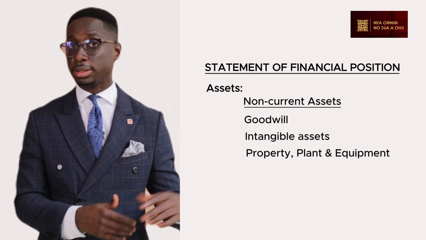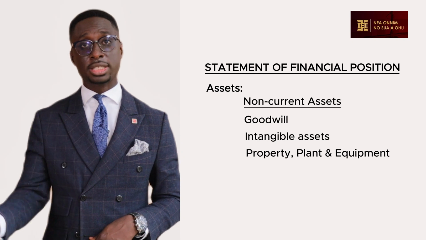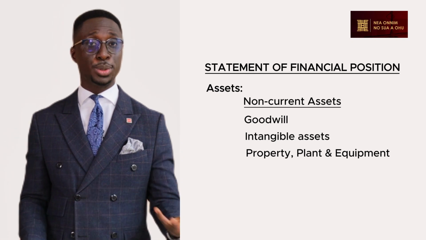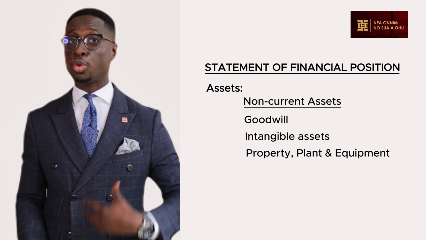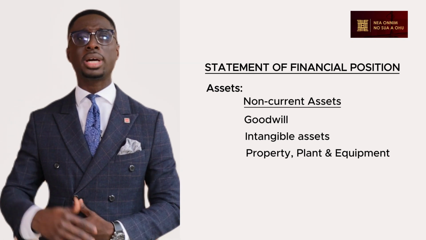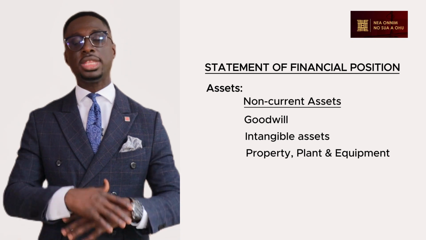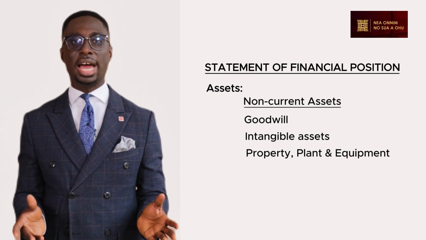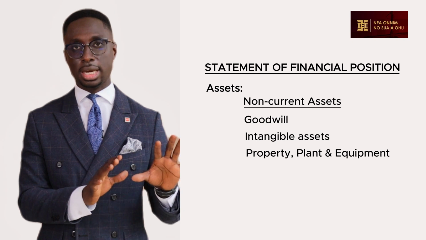It is part of property. Other types of property, plant, and equipment are furniture and fittings, computer equipment, office equipment, motor vehicles, among others, or even production plants. And so these are the various assets that fit into what we call property, plant, and equipment.